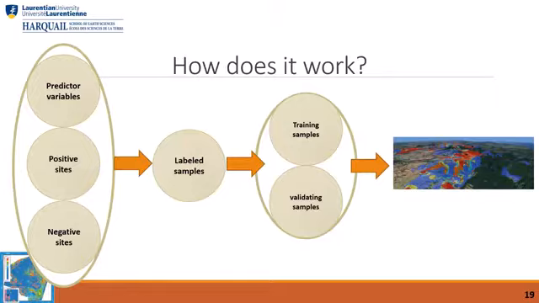With labeled samples, we have positive and negative sites. Positive labeled samples at regional scale are the locations of our mineral deposits. At the local scale, we can use the location of our drill cores, for example, the location of our mineralized zones in order to define our positive sites.